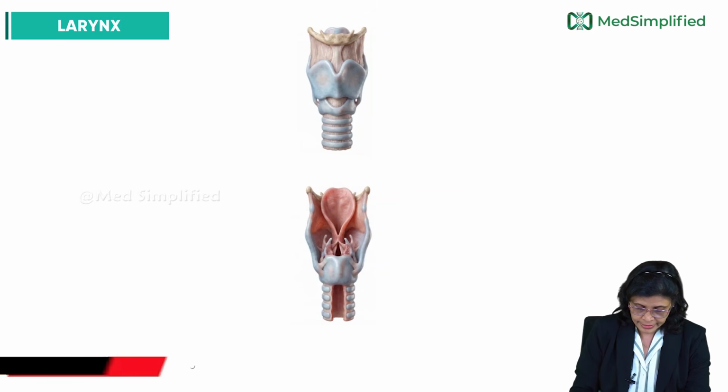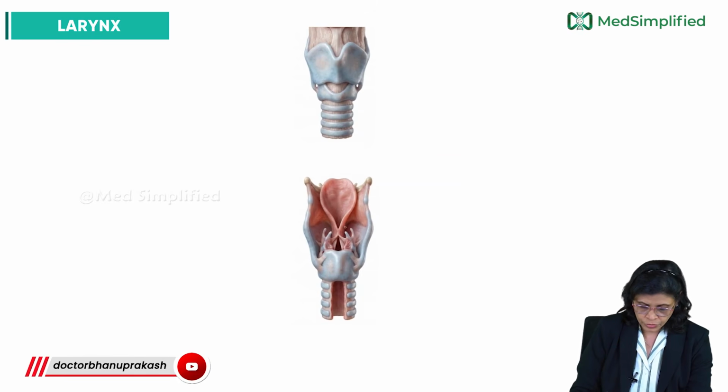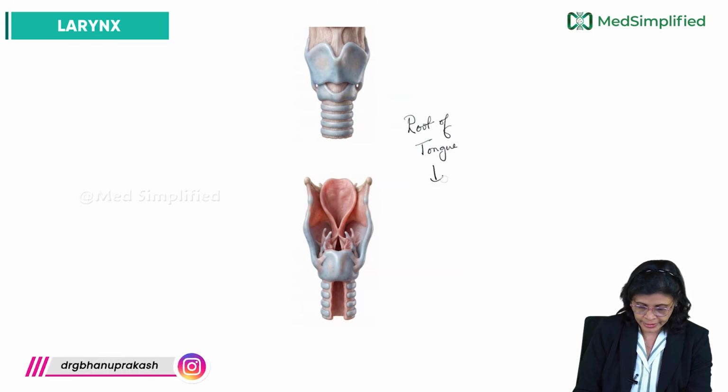Now, this larynx is situated in the midline of the upper part of the neck, above the trachea and in front of the laryngopharynx. If you see, it extends from the root of the tongue up to the trachea.